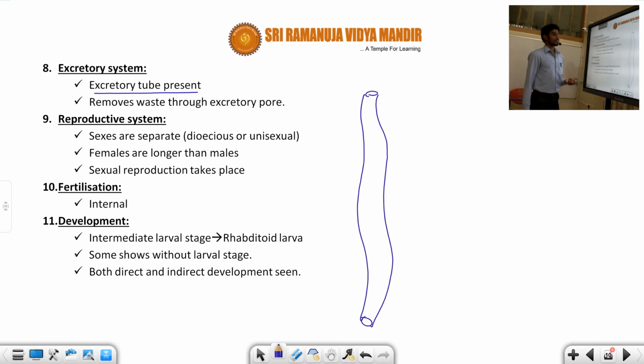In this female there is an excretory tube. This excretory tube connects to the excretory pores. The body wall has the excretory pores.